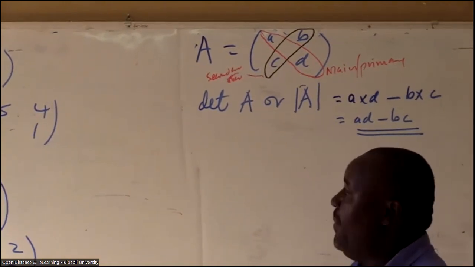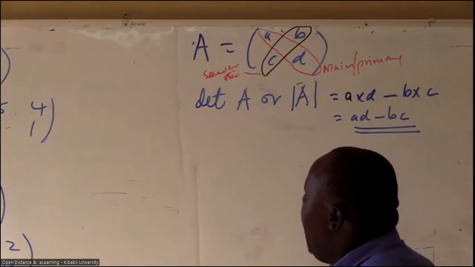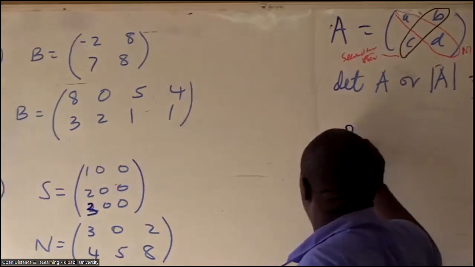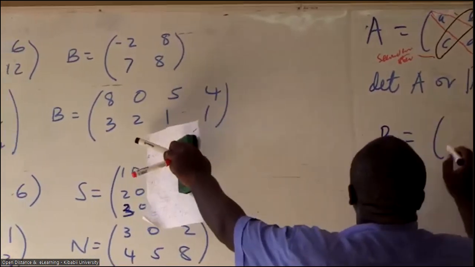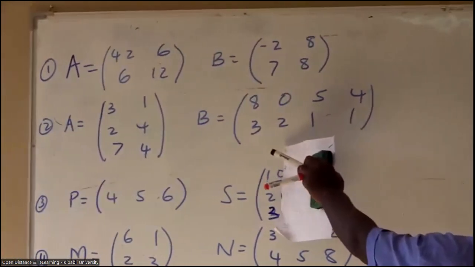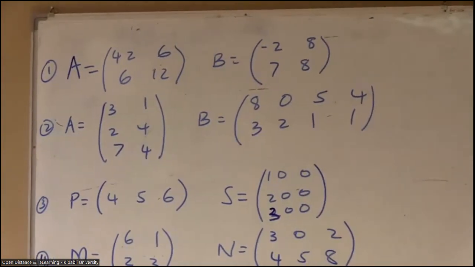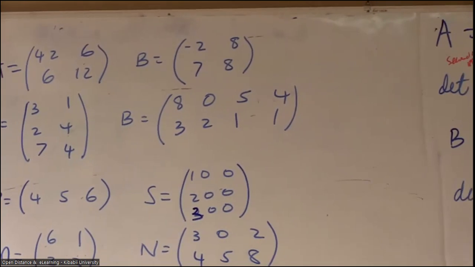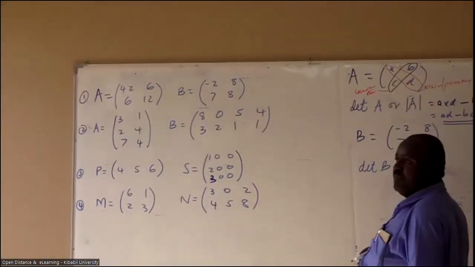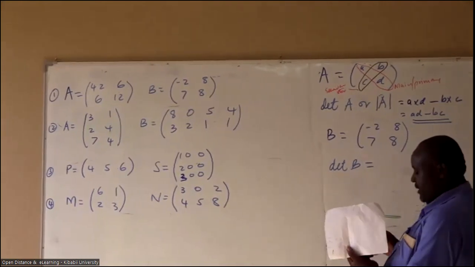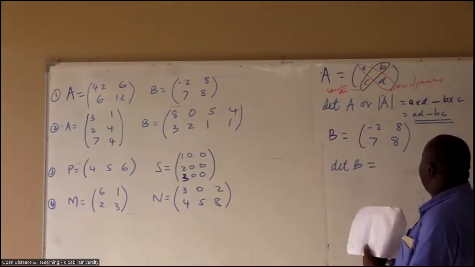Look at the matrices given. I choose matrix B. Example, matrix B, defined as -2, 8, 7, 8. The determinant of B will be given by the product of the elements in the main diagonal.